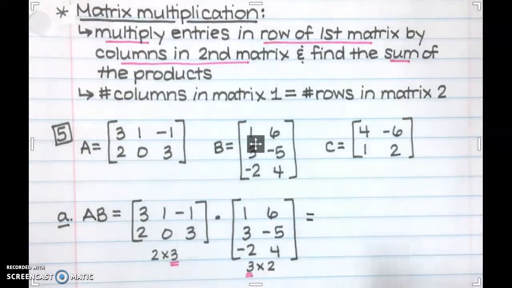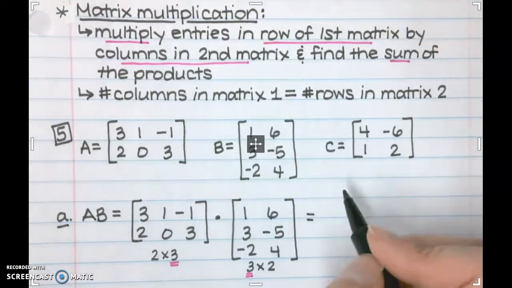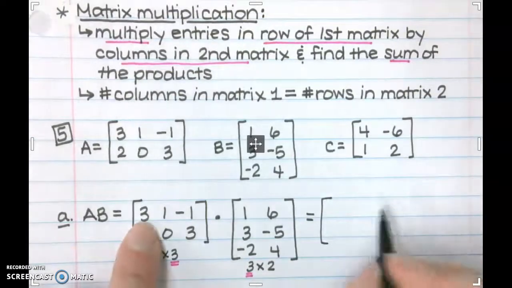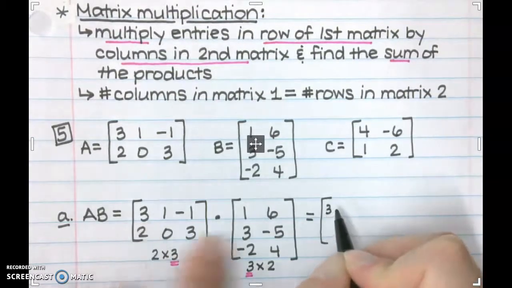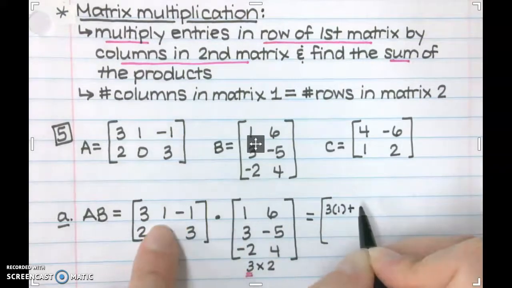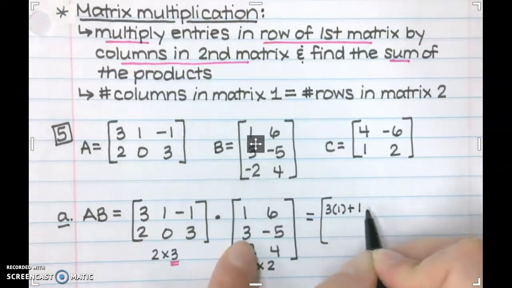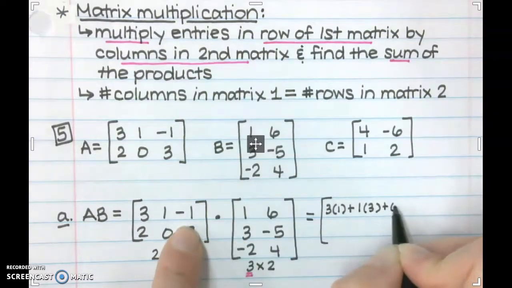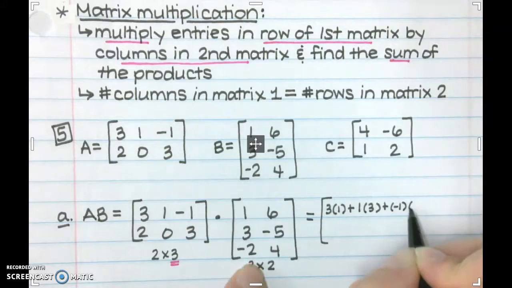And I'll tell you that once I get going, I'm not going to write all this out, but to get us started so that we can see what's happening, I will show you. So we're taking 3 times 1, adding it to 1 times 3, and then adding that to -1 times -2.